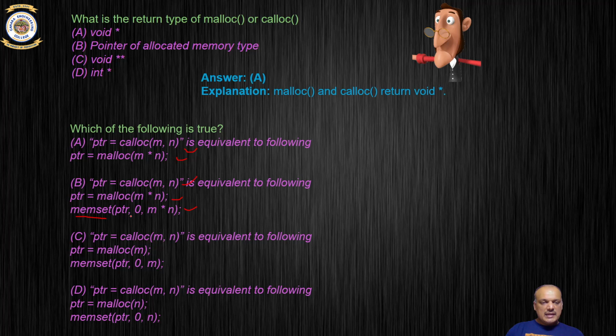Memset basically sets up the 0 values in these many positions starting from the memory address pointed by the pointer. So that is what memset does. Set the memory spaces to this value. How many memory spaces? These many memory spaces starting from this address, that is the address pointed by the pointer.